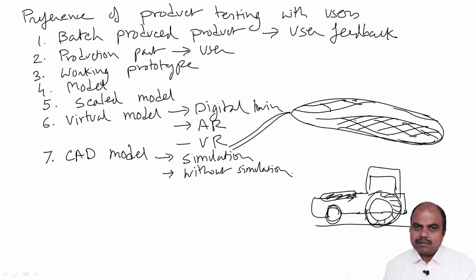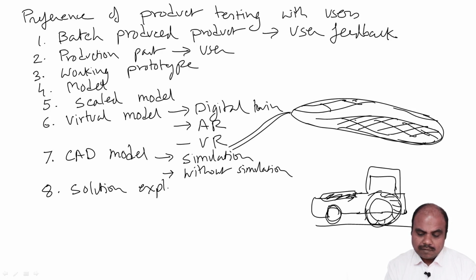Now, if that is also not possible, then the next is just the solution explanation. You explain to the user that this is the way it is going to solve your problem, depending upon the product. You explain the problem solution and then see the feedback.